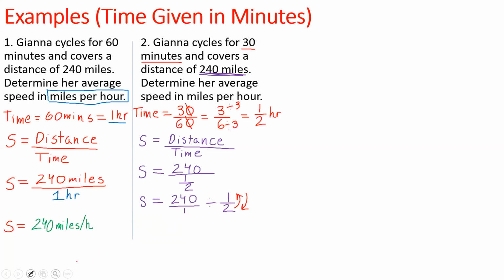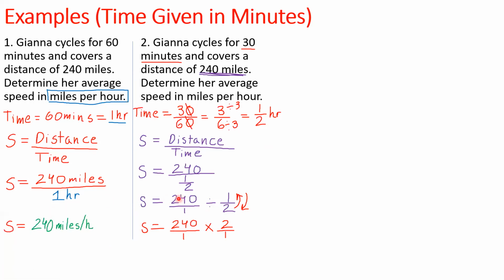And so now we have that the speed is going to be equal to 240 over 1, divided or multiplied? Multiplied. Very good. By what? By 2 over 1. What did we do?